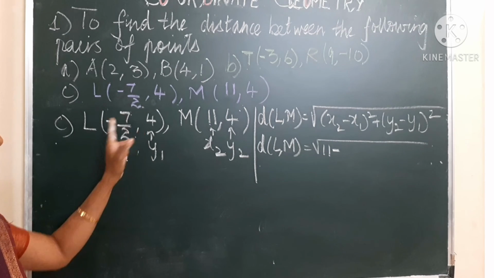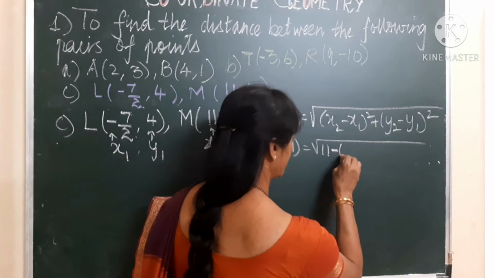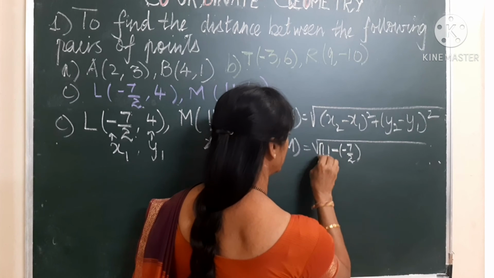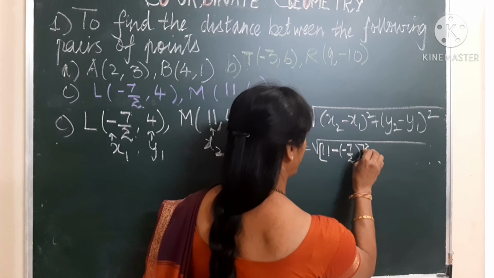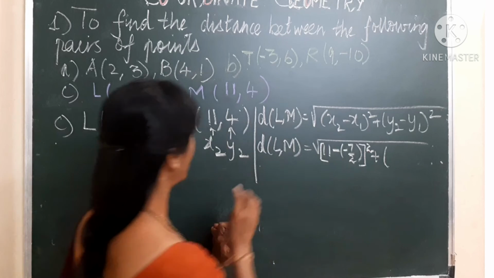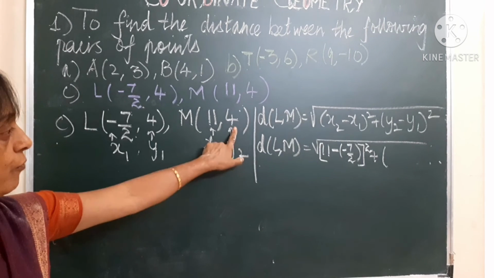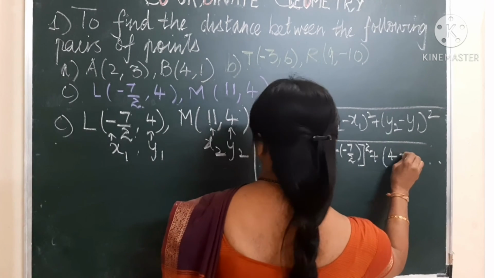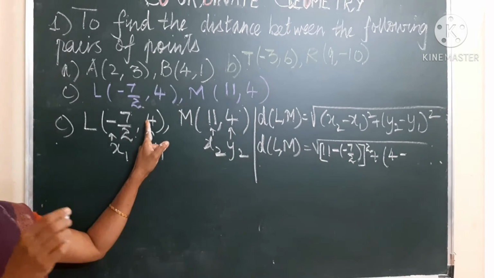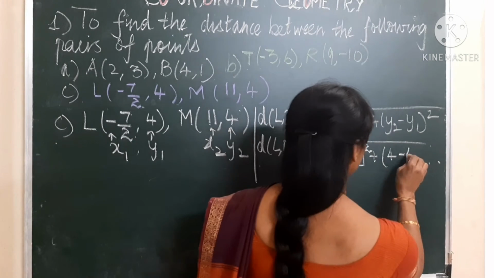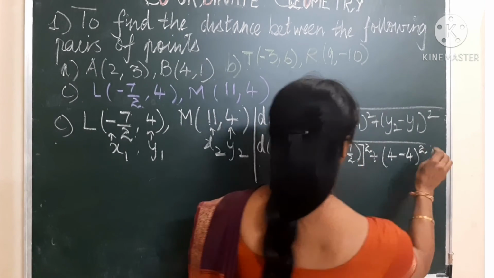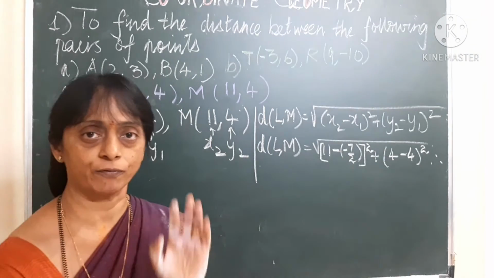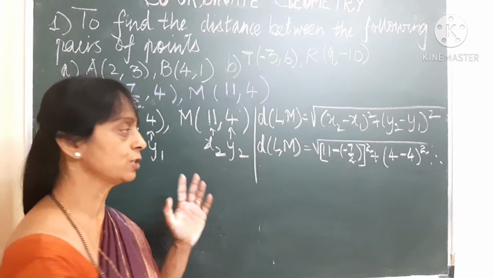What is x1? Minus 7 upon 2. So let's insert a bracket. Minus 7 upon 2 the whole square plus y2. What is y2? 4 minus y1, which is again 4, the whole square. So what did we do in this step? We just substituted the values of x1, y1, x2, y2.